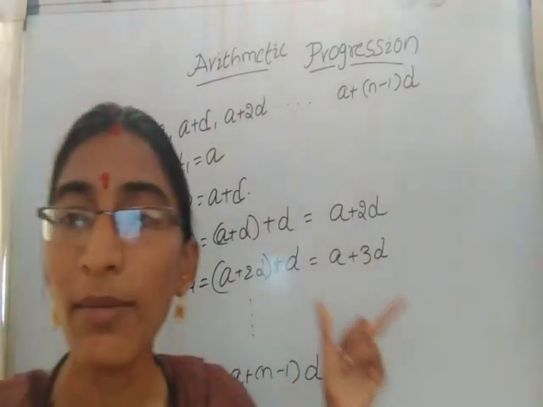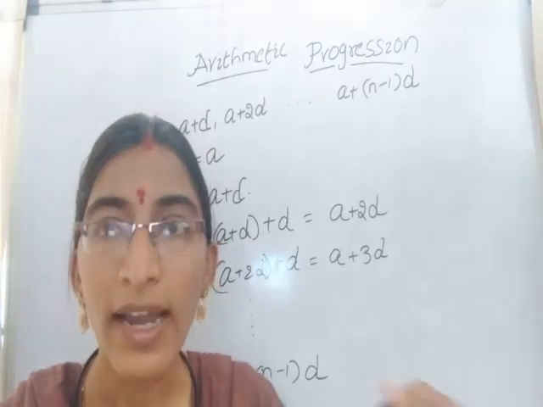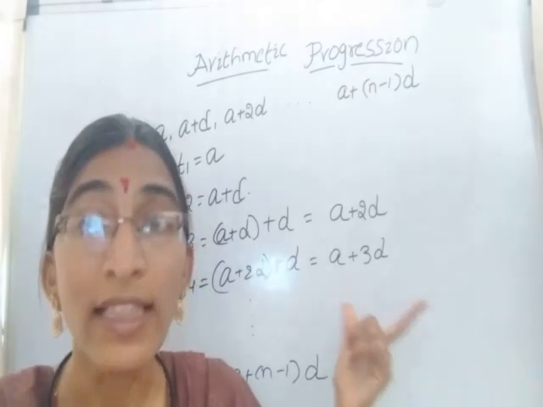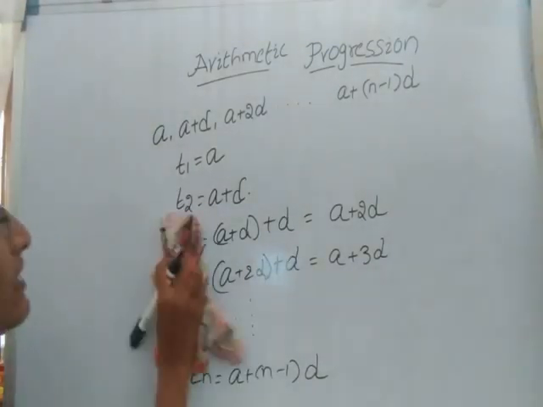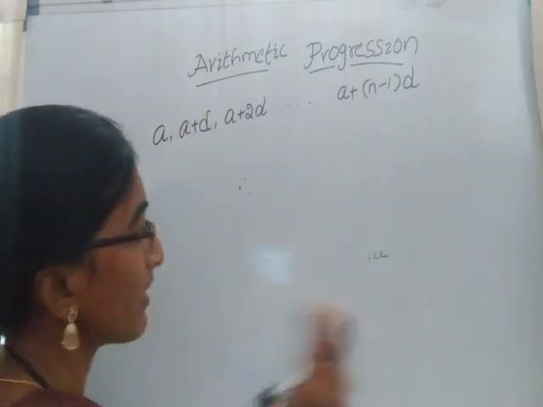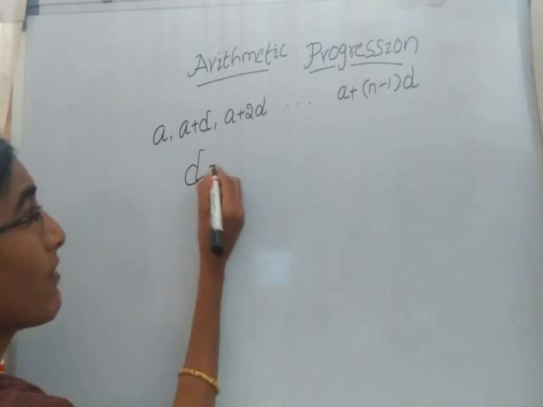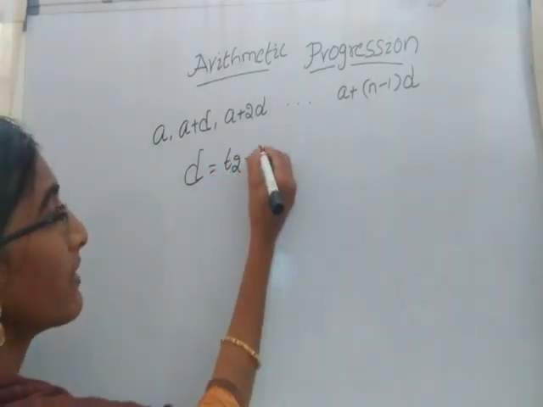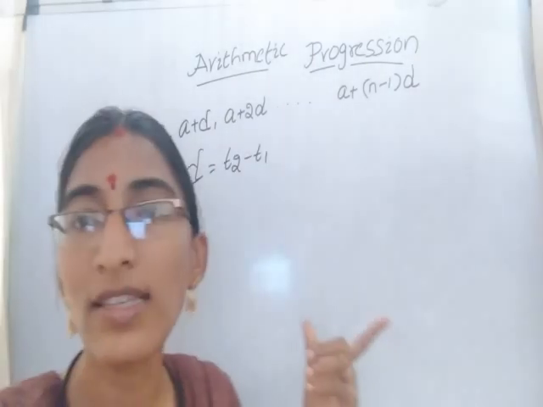The fixed number that we add to the first term to get the second term, and add to the second term to get the third term, is called the common difference. That fixed number is called the common difference, and it is represented with d. For finding the d value, we write the difference between t2 minus t1, that is, the difference between two successive terms.